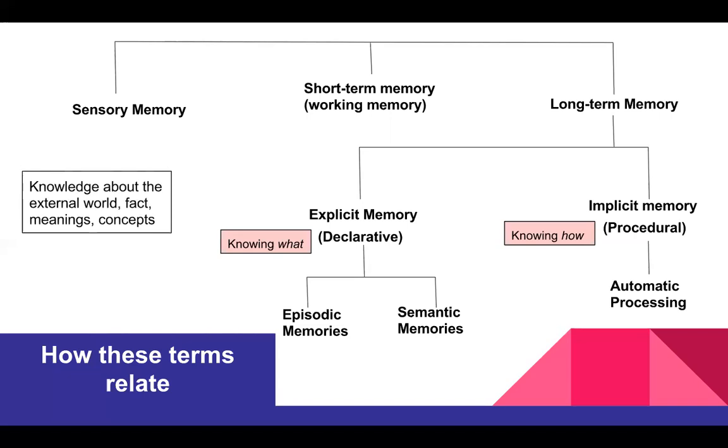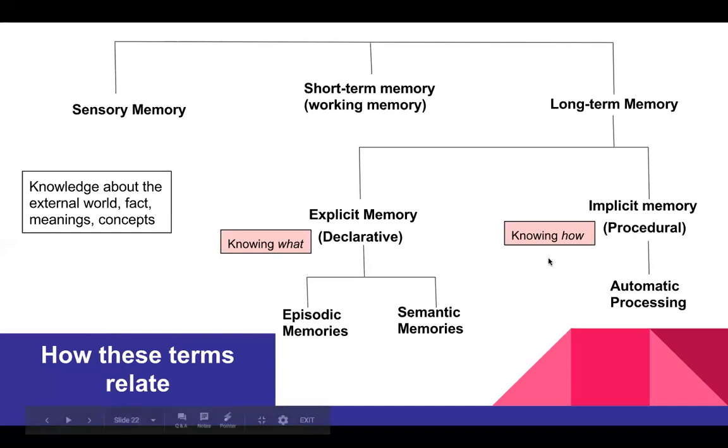So declarative is just another way to say that it's explicit memory. You can think of it this way: I'm declaring what this means. And if I declare what this means, it's really a knowing what happened or what something is, okay?